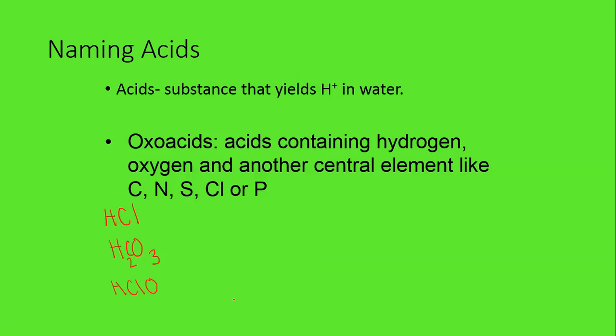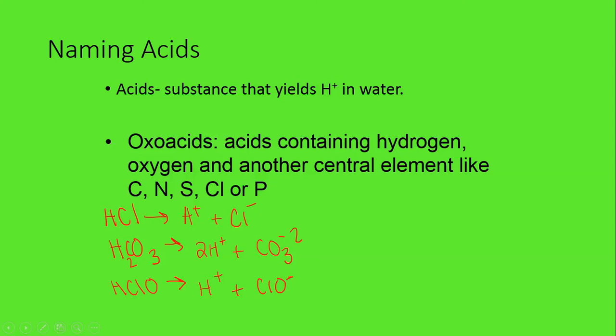or HClO, or whatever it might be, if we were to picture what is inside of this actual substance, really it's just hydrogen and some other ion, right? Like hydrogen and chlorine, or hydrogen and carbonate, or hydrogen and hypochlorite.